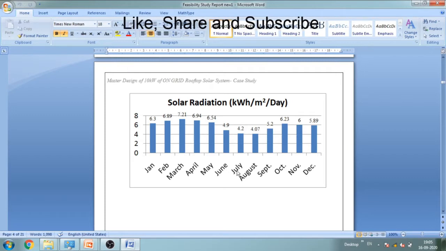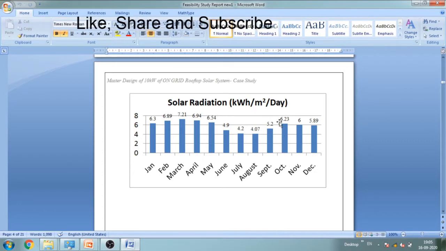In the months of June, July, August, September and October, the electricity generation in terms of kilowatt hour by a solar system is less. So according to this graphical analysis, we can easily understand for which month the electricity generation is higher and which month the electricity bill is going to get lesser according to the consumption.